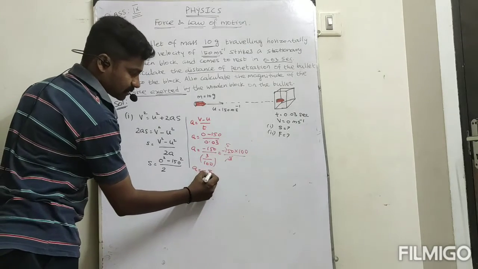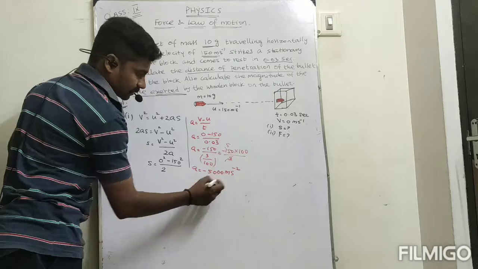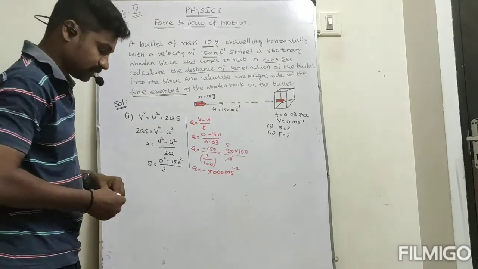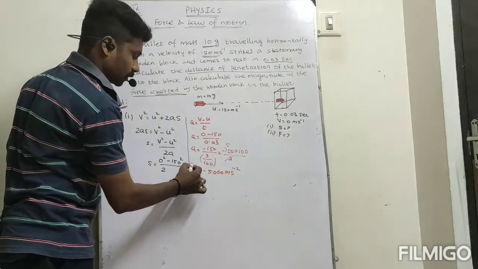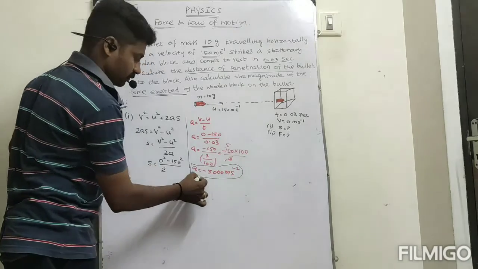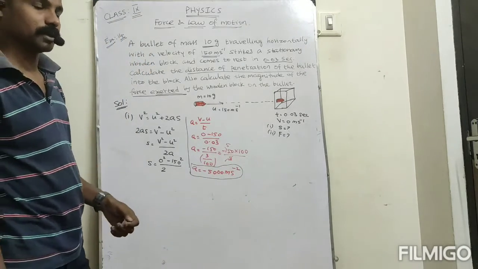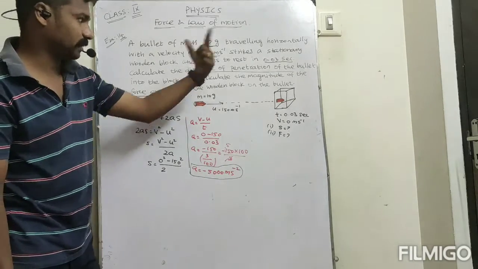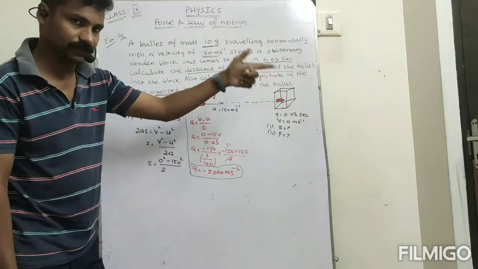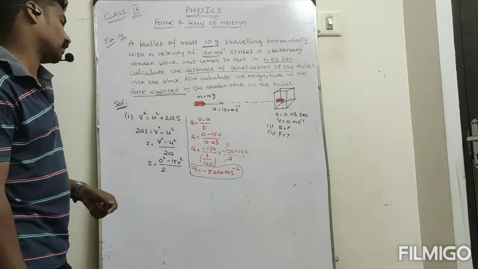So minus 5000 meter per second square. So this is the acceleration of the bullet. This much acceleration, see that heavy value. Why does it get a negative sign? It means it is going to come to rest inside the block. It decelerates.